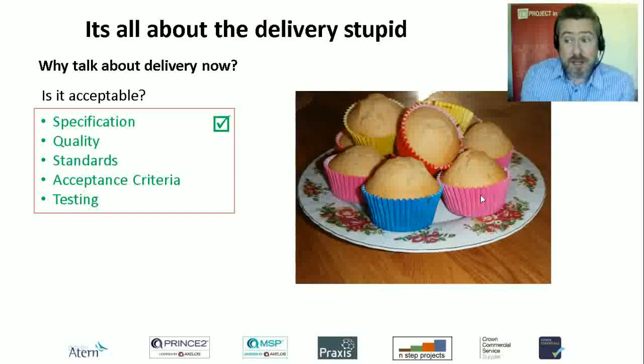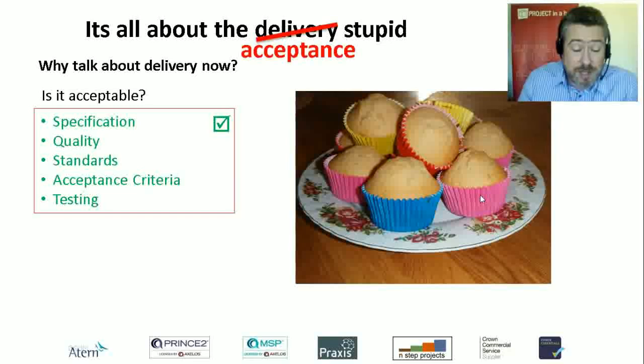So it's not really about delivery, it's about acceptance, because you can deliver whatever you want or what you think is required, but if the customer's not going to accept it, the project isn't going to go very well. You can try ramming the customer into some sort of acceptance by trickery, I suppose, but really what you should have done is agreed with them up front, understood their requirements, costed and planned the project on the basis of that, so that you can deliver what they wanted.